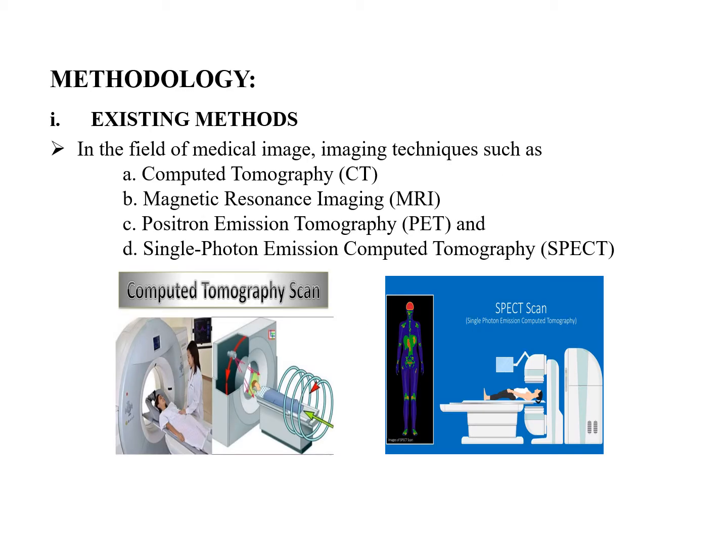Methodology. Existing methods. In the field of medical images, imaging techniques include computed tomography, magnetic resonance imaging, positron emission tomography, and single photon emission computed tomography. Computed tomography helps to know hard tissue information such as cancer, blood clots, etc. Magnetic resonance imaging helps to know soft tissue information such as the central nervous system, abnormalities, and so on.